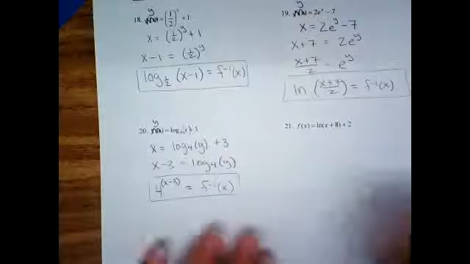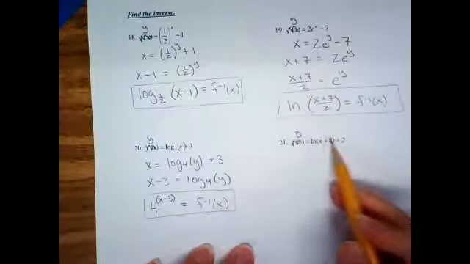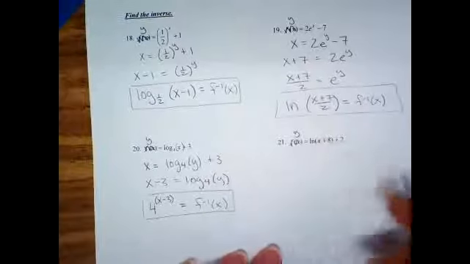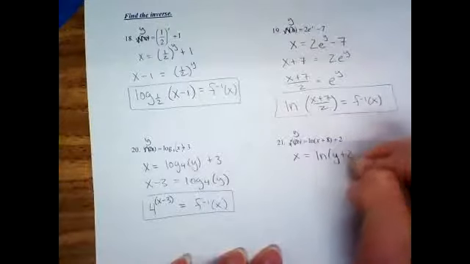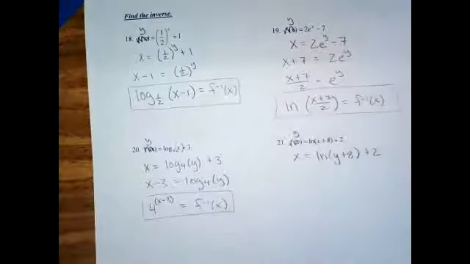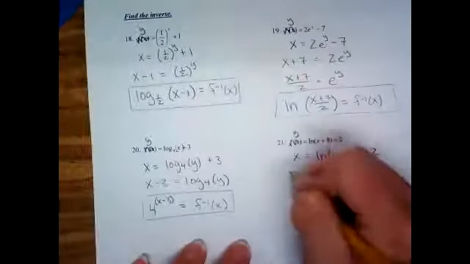All right, one more. Scribble out f of x, call it y. Do you see how there are parentheses around the x plus 8? That's what I was talking about. It's ln of that entire thing. So we'll have x equals ln of (y plus 8), plus 2. Subtract 2.